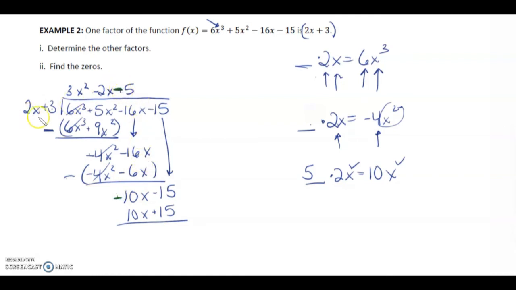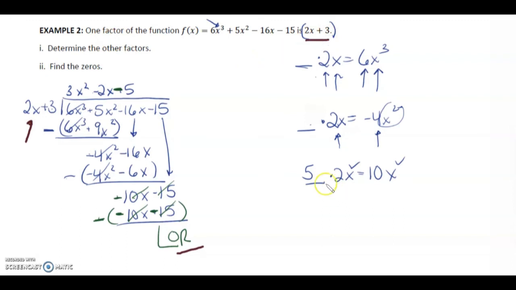So negative 5 times 2x gives us negative 10x, and negative 5 times 3 gives us negative 15, which works out because these are identical, and then we get remainder 0, which is exactly what the question tells us. Because the remainder is 0, we know that 2x plus 3 is a factor.